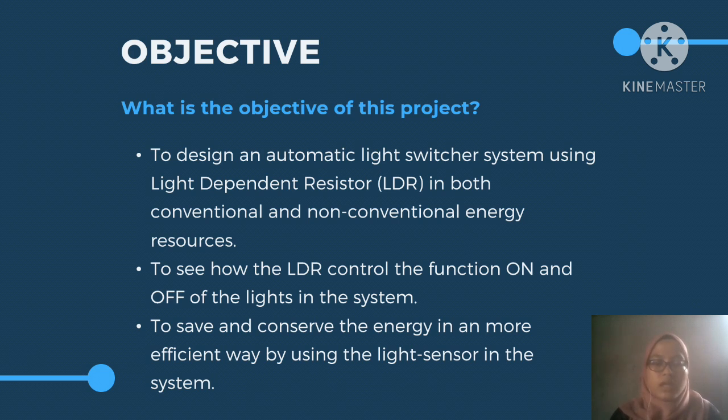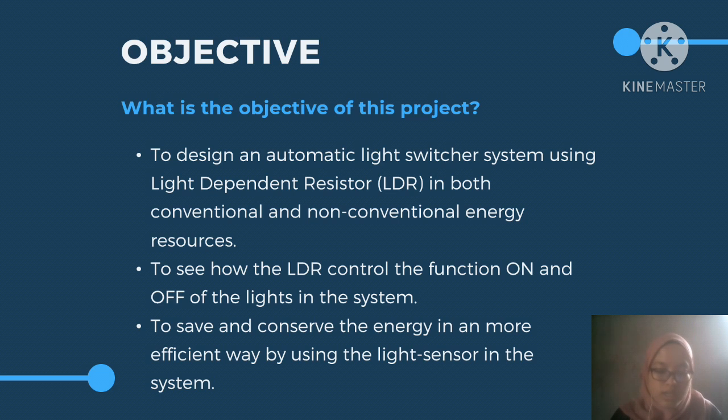The second objective is to see how the LDR controls the on and off function of the lights in the system. The third one is to save and conserve energy in a more efficient way by using the light sensor in the system.